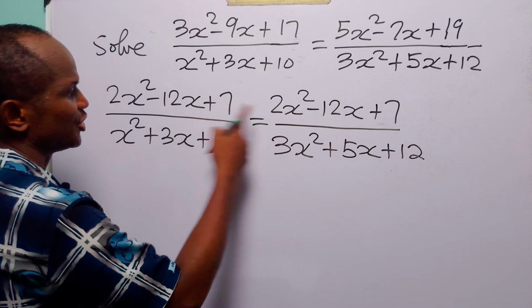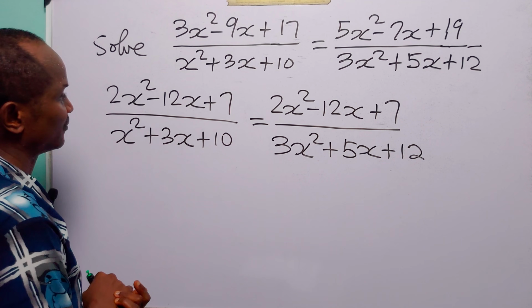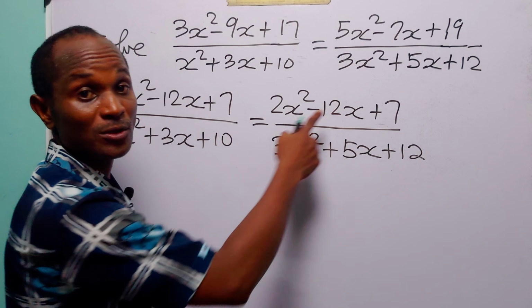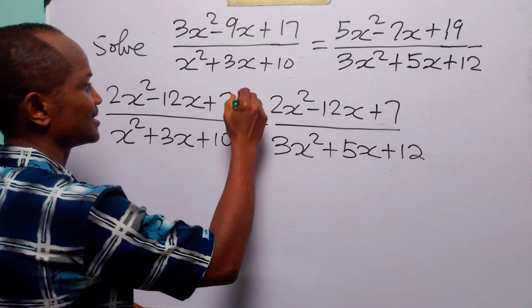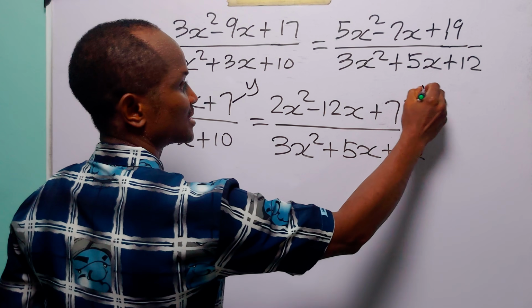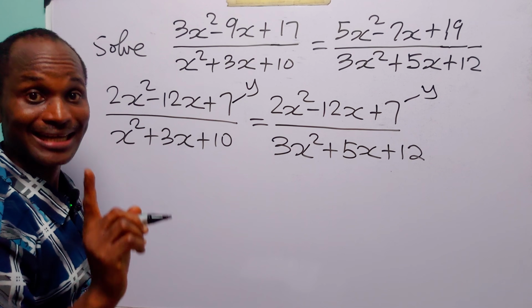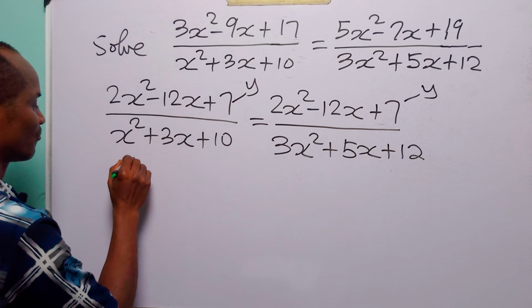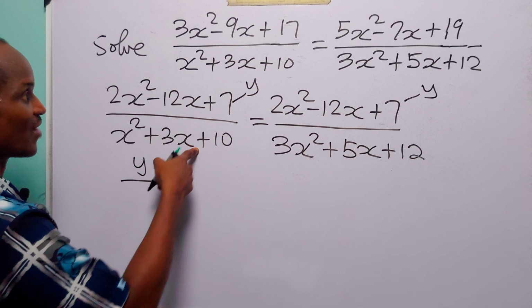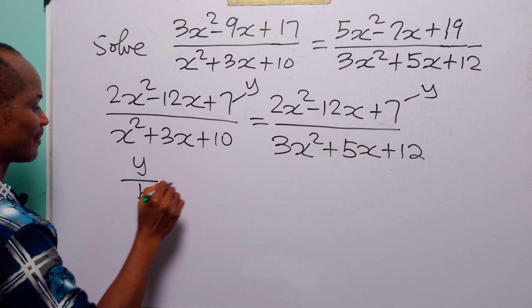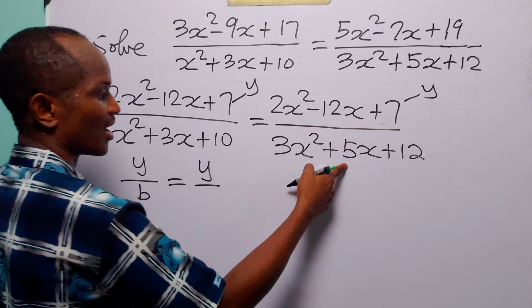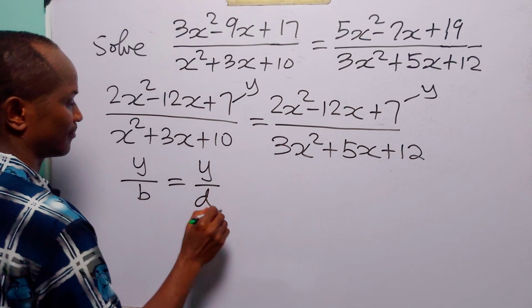Now let us look at the new equation we have. Notice that this numerator is equal to that. Let this be equal to y, and of course this be equal to y. And now let us represent this new equation with y over b is equal to y over d.